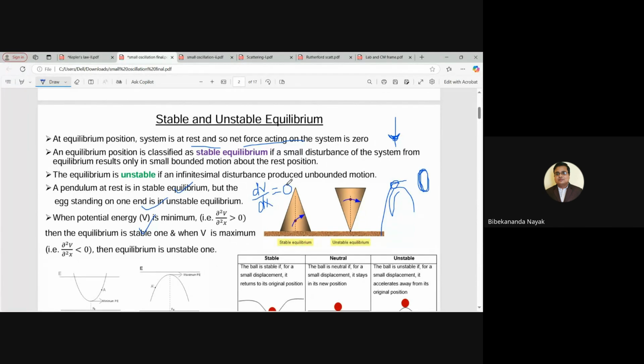How? If the potential is given and you find dV by dx is 0, then it is an equilibrium point. Then we go for the second derivative. If d square V by dx square is greater than 0, then it is stable equilibrium. If d square V by dx square is less than 0, then it is unstable equilibrium. So for getting the equilibrium point, we have to set dV by dx equal to 0.